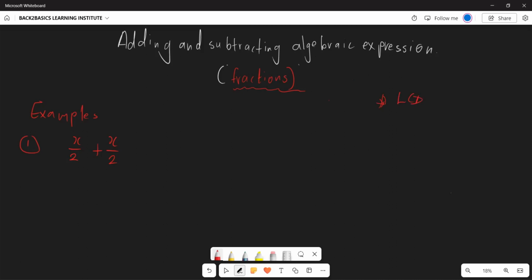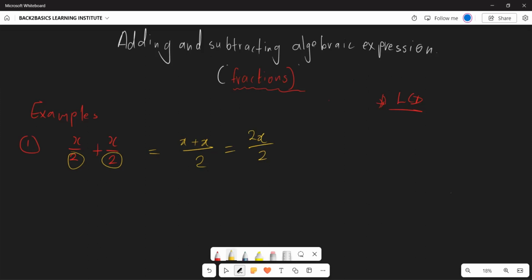Do they have the same denominator? If your answer is yes, look, here you have 2 and here you also have 2. So all of them are going to be under one roof. Then you take your numerator, which is x plus x, and x plus x is going to be 2x over 2.